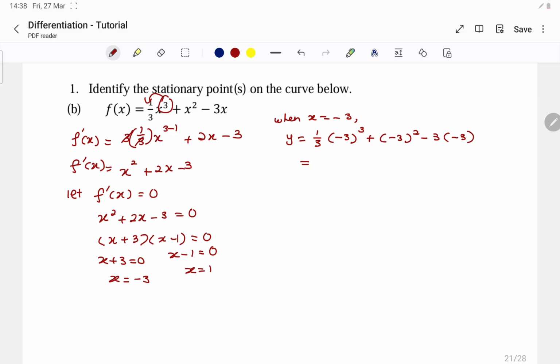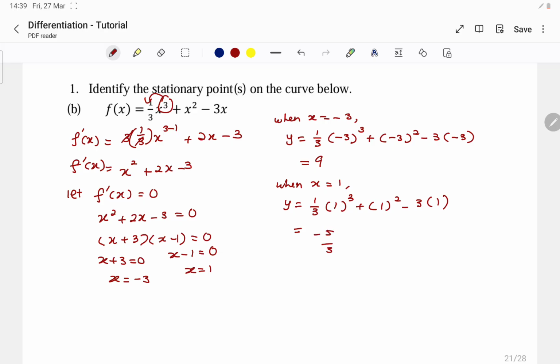And then here you will get equal to negative 9. Okay, so you use calculator, this one substitute properly. So when x is equal to 1, you substitute inside y equal to 1 over 3, 1 to the power of 3 plus 1 squared minus 3 multiplied by 1. Answer is equal to negative 5 over 3.